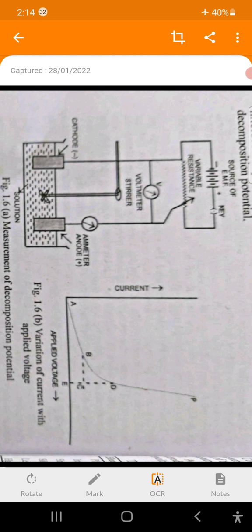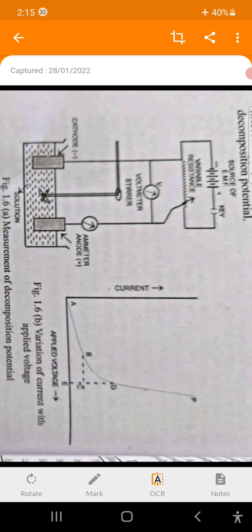But at point C, the voltage is sufficient to carry out oxidation and reduction, which overcomes all difficulties in the solution so that oxidation and reduction processes take place smoothly.